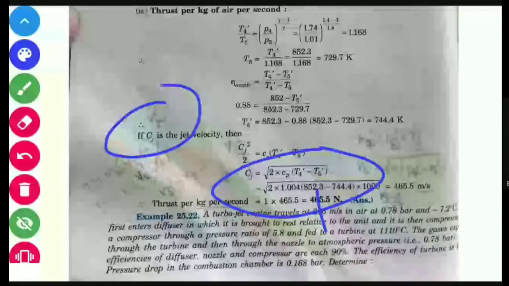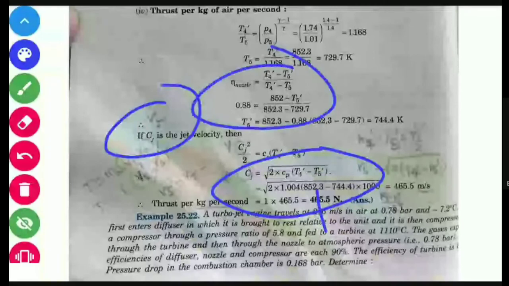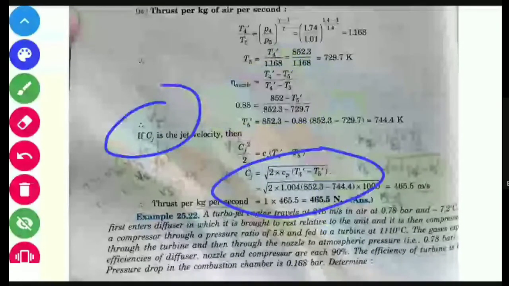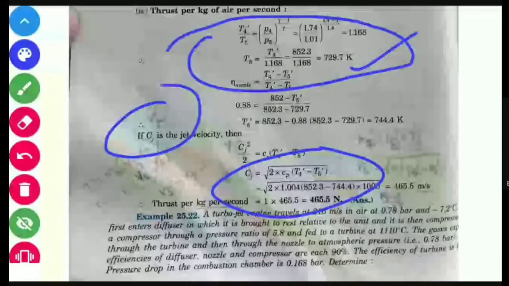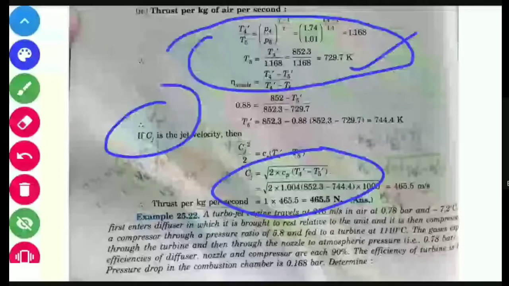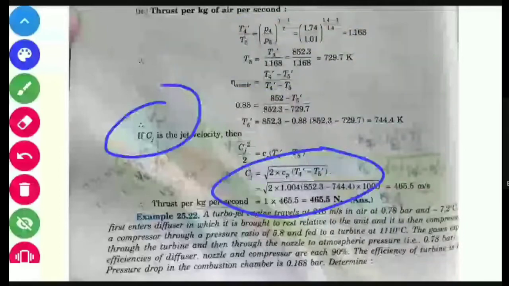So for that we have to use the nozzle efficiency. But still in the nozzle efficiency, you don't know T5. So further you have to use the temperature pressure relation, where P4 I already found, and P5 is equal to P1. From that relation, we get the T5 value.